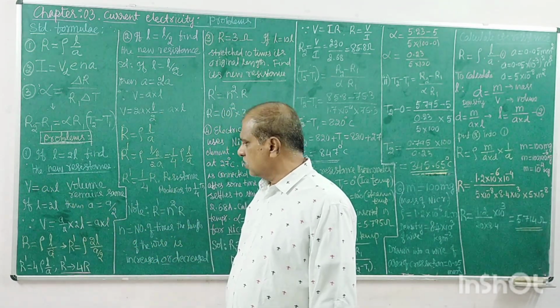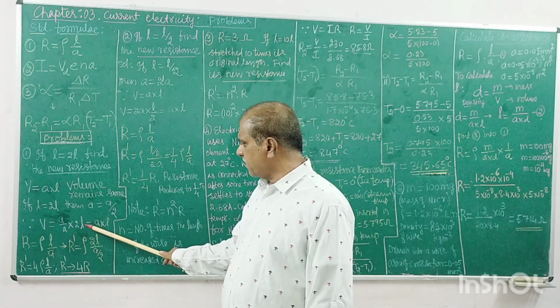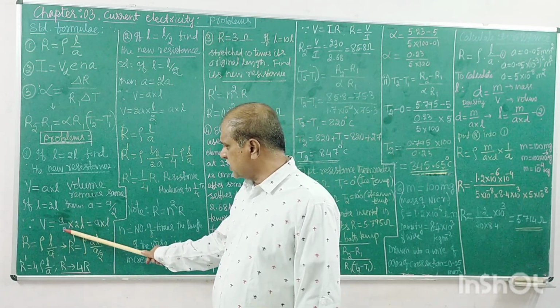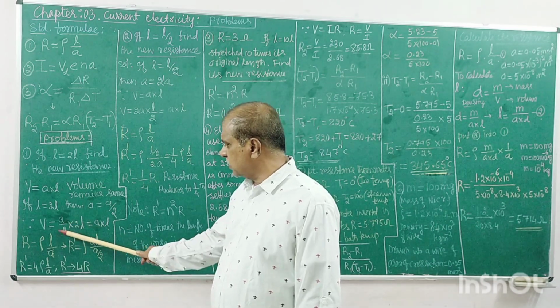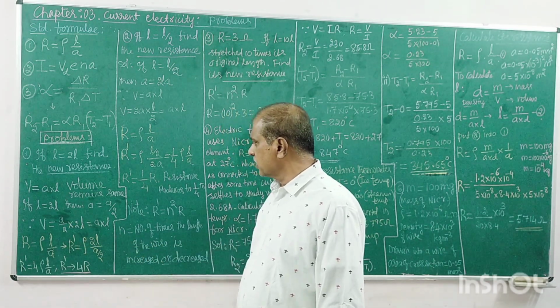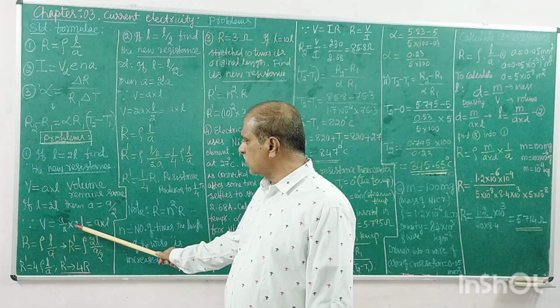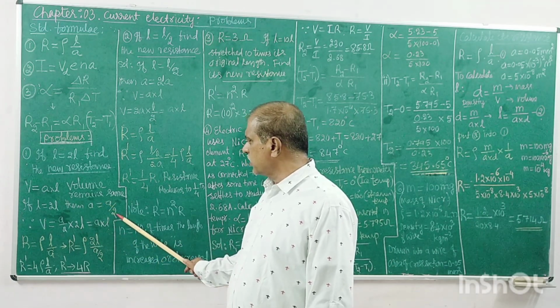It means any change in the length changes the area of cross section. It increases or reduces accordingly. So use this: if L equals 2L, then A equals A by 2.